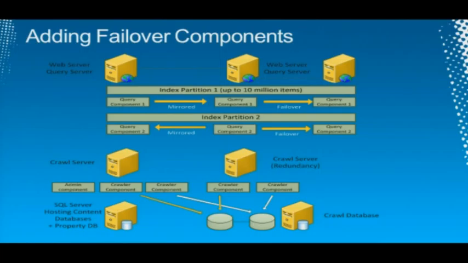But that doesn't host any of the index partitions from a live perspective. It's not mirrored to be a working version. It's mirrored, but it's going to be set to failover. In other words, it will only be used if it cannot access one of those live index partitions. So this is a very powerful capability that we've now got, which is when we carve the components up, we can define whether it's a live mirror or whether it's a failover mirror component.